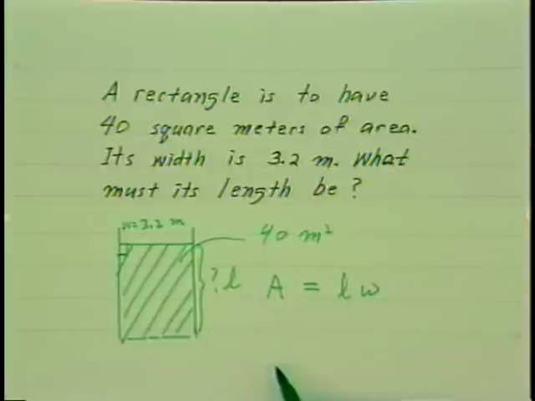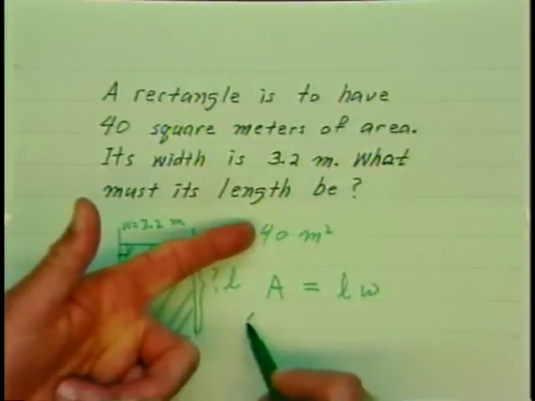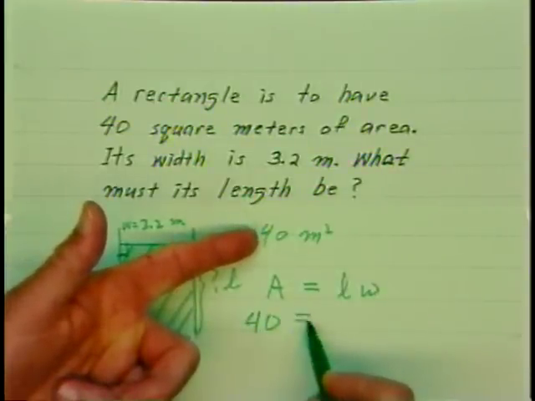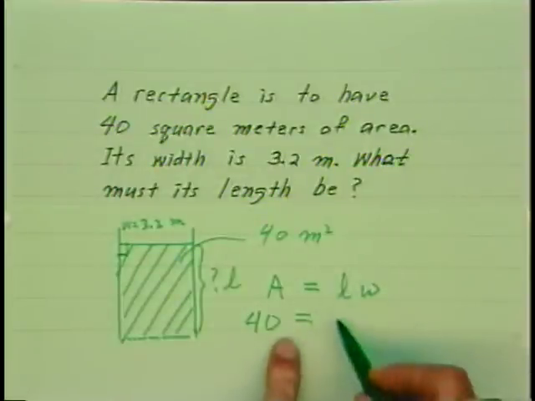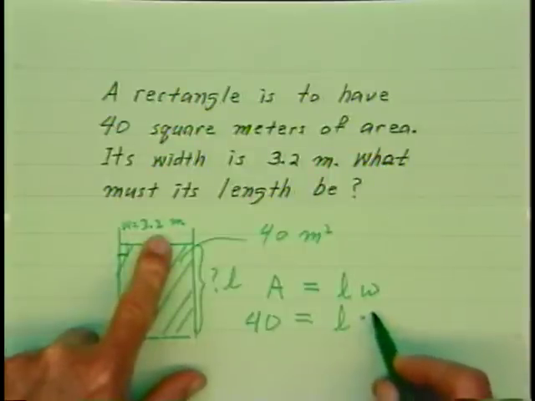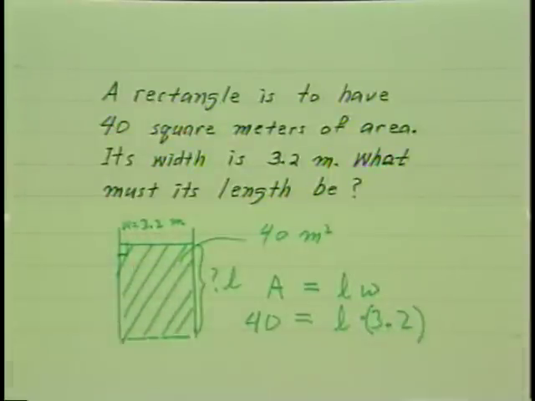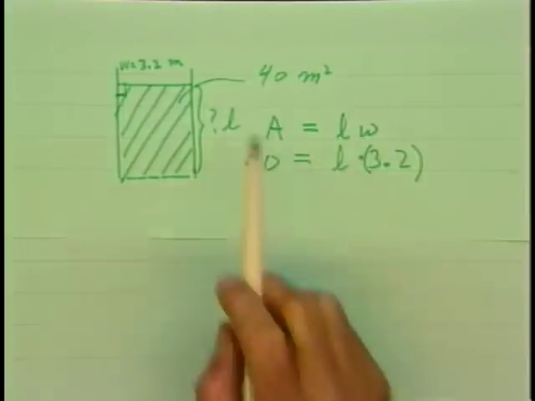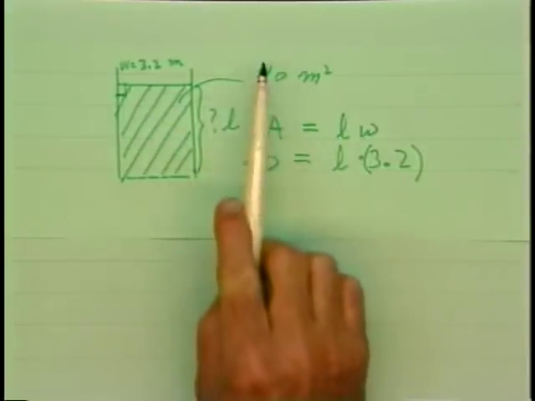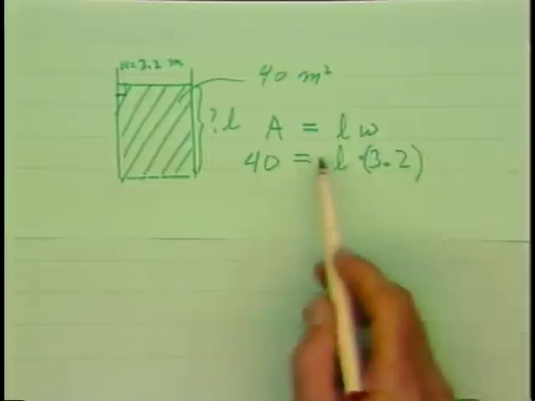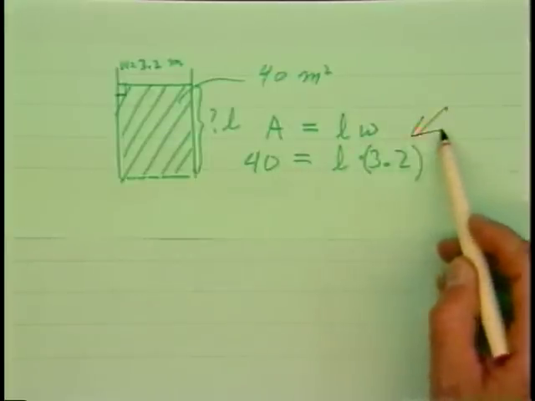But in this case, we know what the area is to be. That's 40. It's the length that we don't know. And we know the width has to be 3.2. So we have restated our geometric and story problems in terms of an algebraic equation.